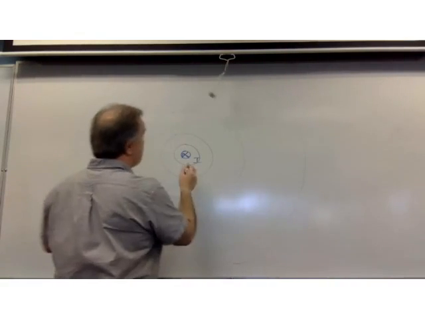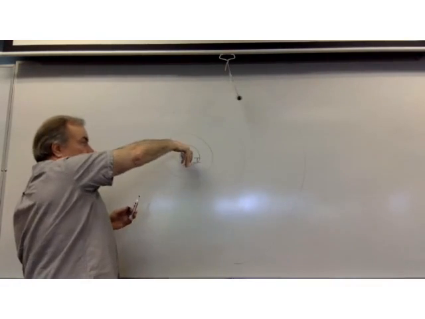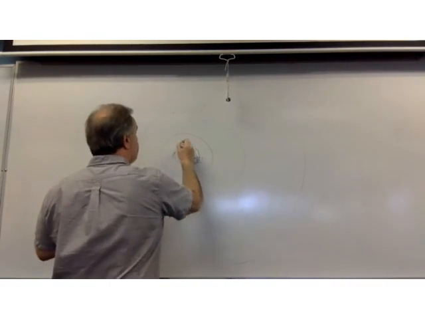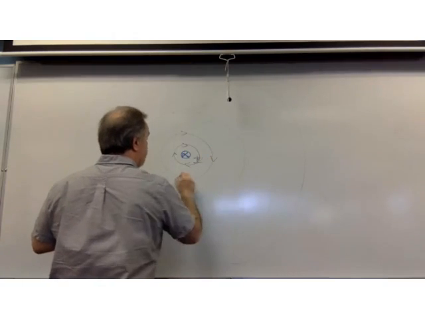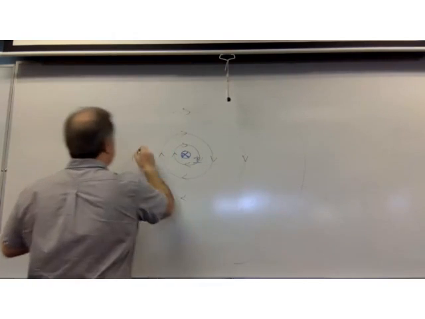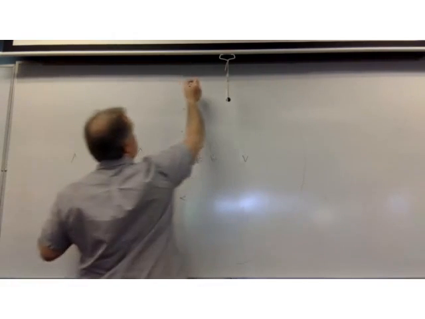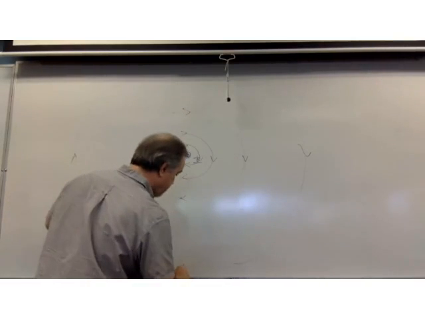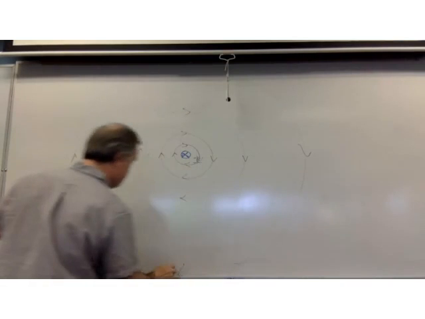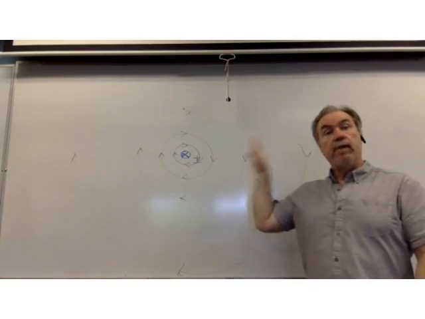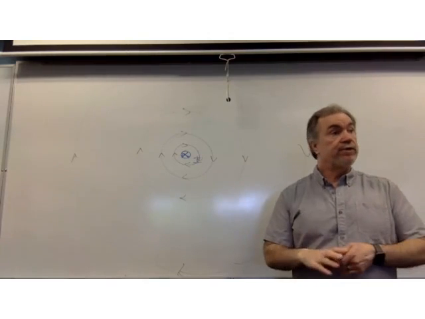And two things. One, by the right-hand rule, my magnetic field lines curl around. They all curl around in the same sense. And the other thing I want you to notice is that the field line density gets smaller as you get farther away from the source current.